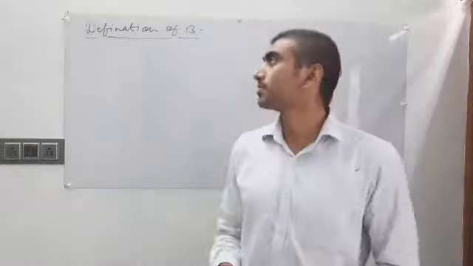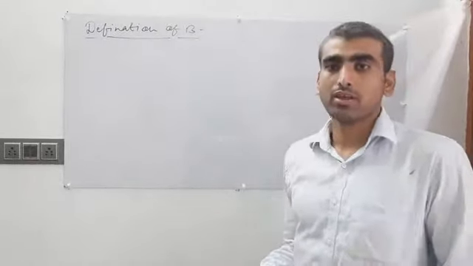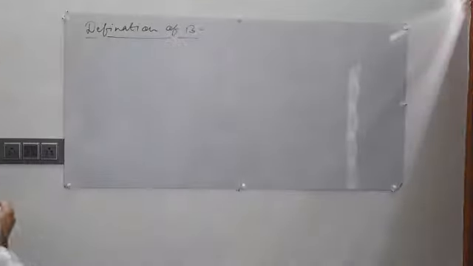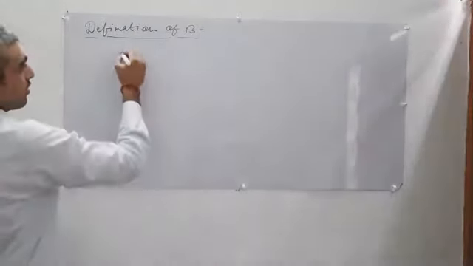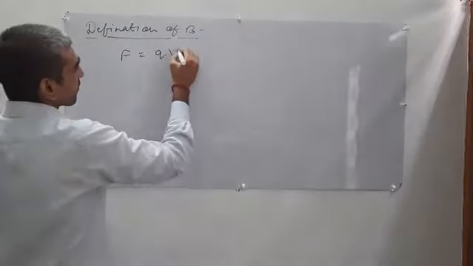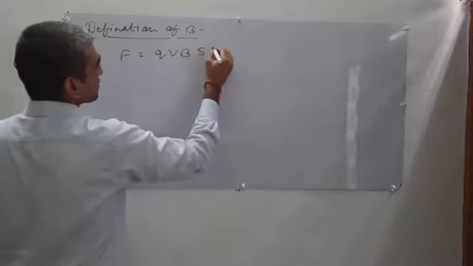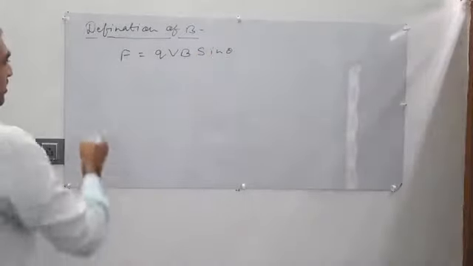Now students, we discuss the definition of B. First of all, for the definition of B, we have to write our formula of F, which is q v B sin theta. Now we take some cases.